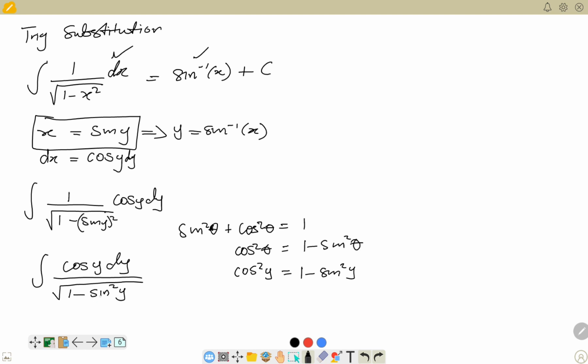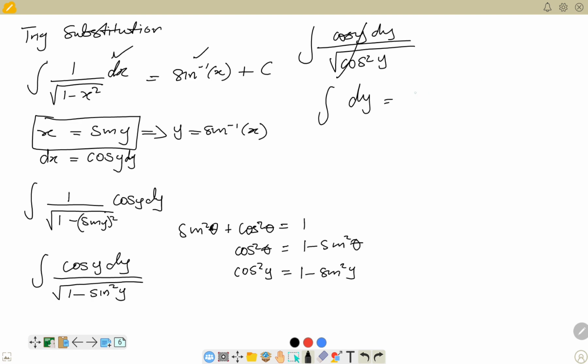So even here, cos squared y is 1 minus sine squared y, so we can replace that by cos squared y. So we will have now cos y dy over the square root of cos squared y. Then we can see that the square root of cos squared y will just give us cos. So this can cancel out with the cos on the numerator. Then we will have now only dy.